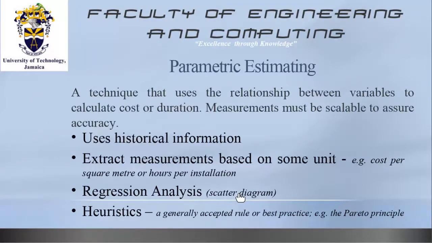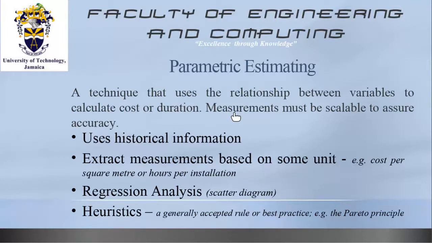You may have heard about parametric estimating. So that's another technique that uses the relationships between variables to calculate cost and duration. Now, the important thing in using parametric estimating is that the measurements must be scalable to assure accuracy.